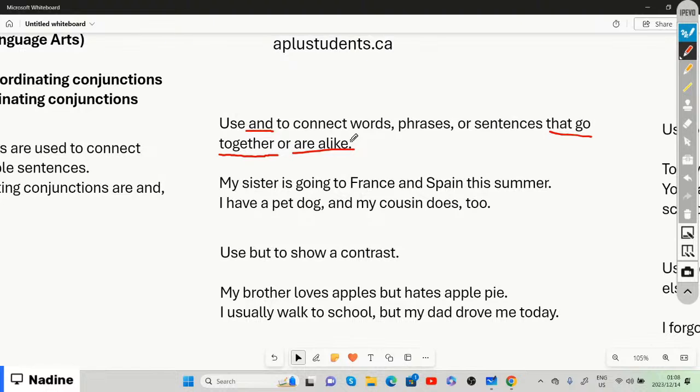And I have a pet dog and my cousin does too. So it's almost like an add on.